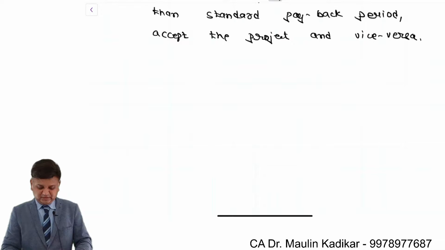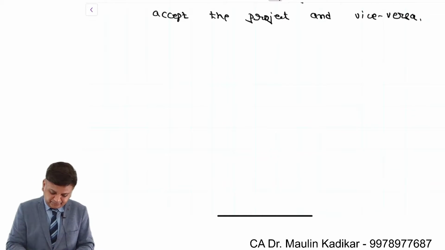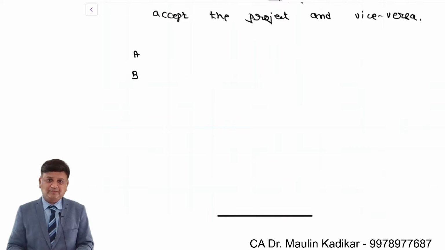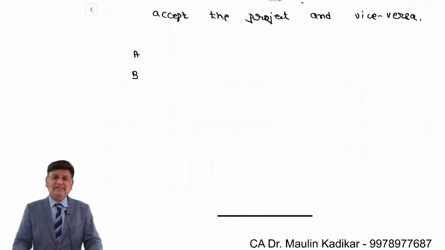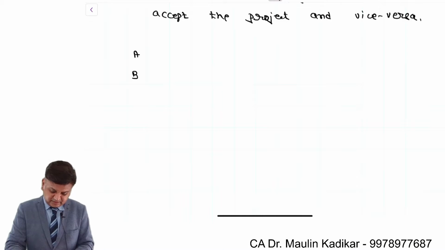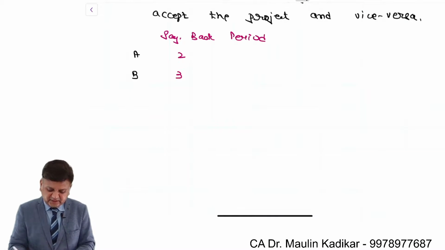Now, going further, suppose there are two projects, project A and project B. They are mutually exclusive, meaning you have to accept only one of them and you cannot accept both of them simultaneously. Payback period of project A is 2 years and project B is 3 years.